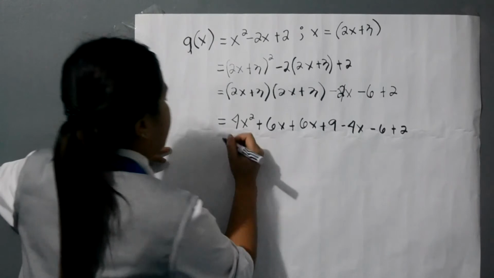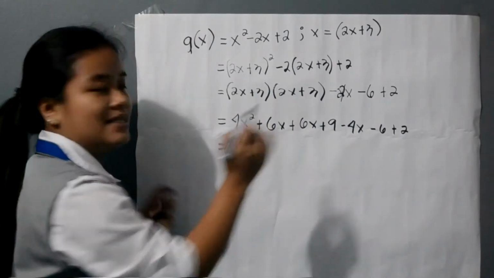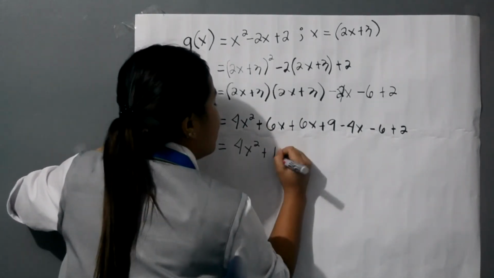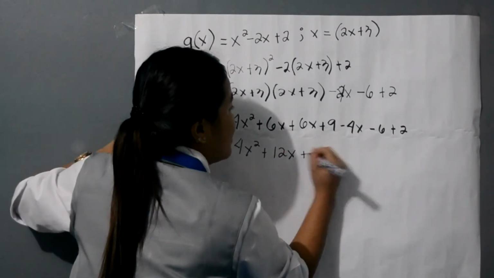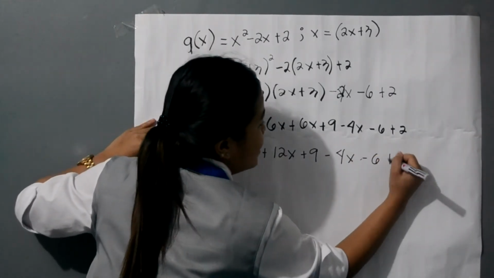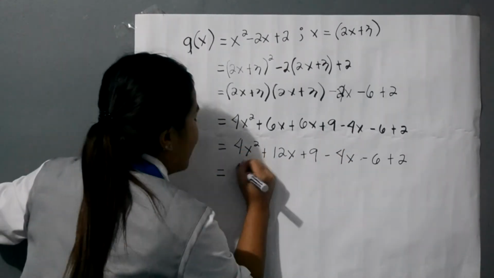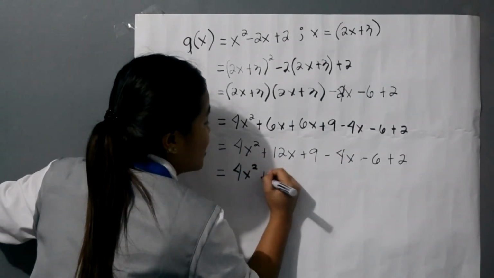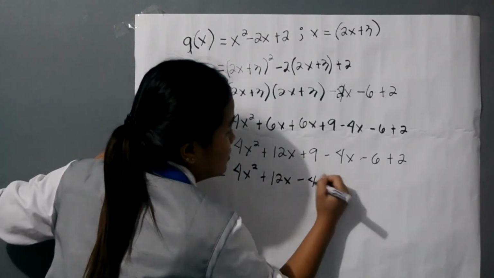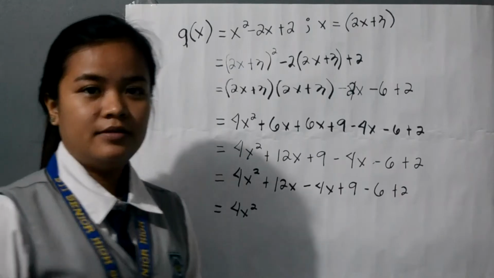Then, meron tayong same term which is 6x plus 6x. So, 4x squared plus 12x plus 9 minus 4x minus 6 plus 2. I-arrange natin to. So, 4x squared plus 12x minus 4x plus 9 minus 6 plus 2.